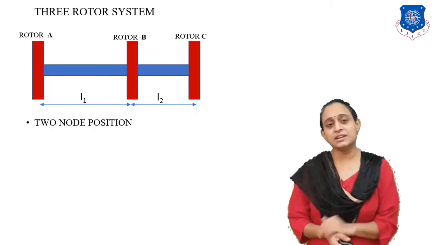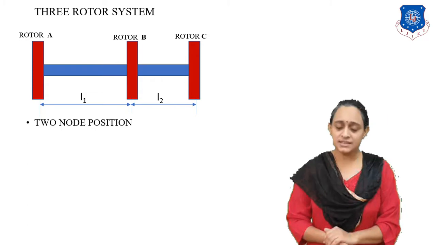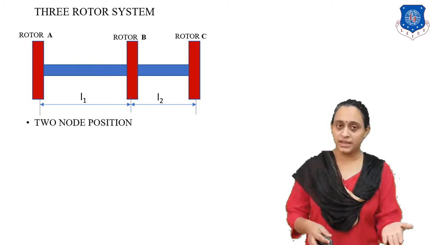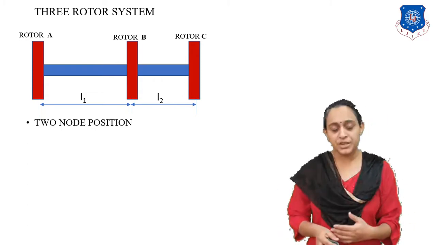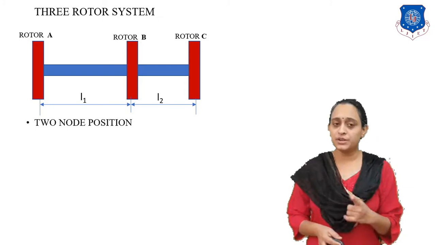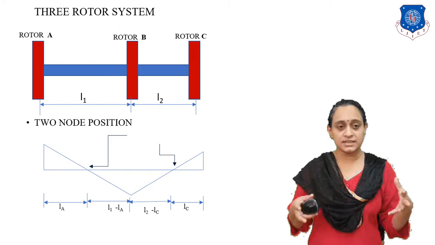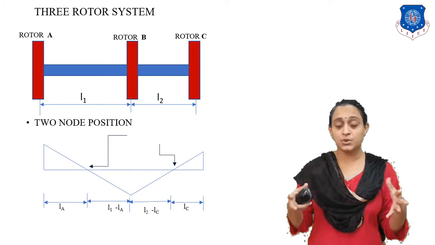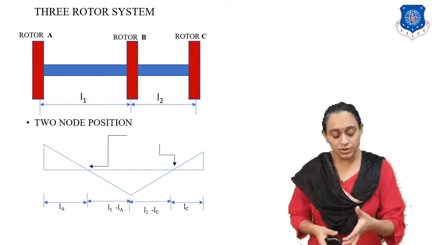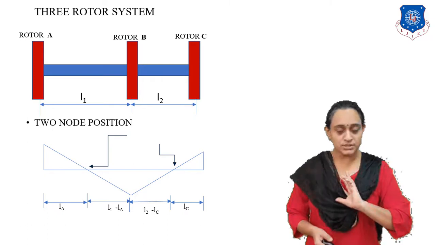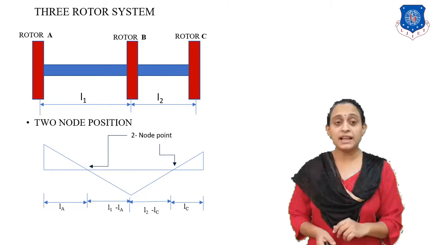Now let us start our three rotor system. Let our three rotors be rotor A, rotor B and rotor C. First of all, we have to calculate for the two node position. For the two node position, let us assume rotors A and C rotate in the same direction and rotor B rotates in the opposite direction. Then what will happen?